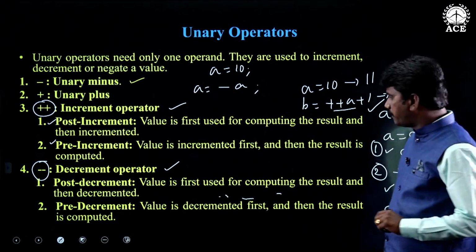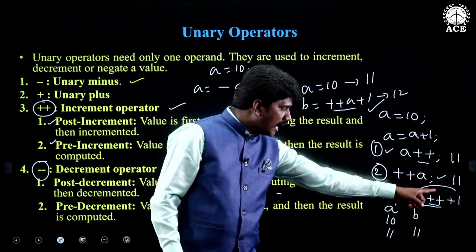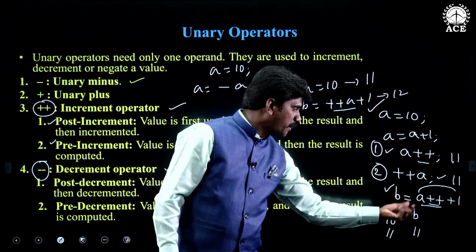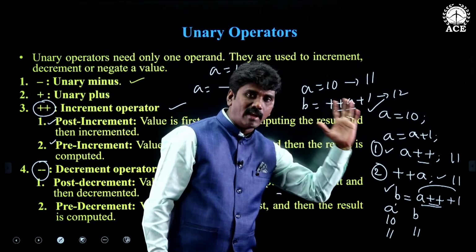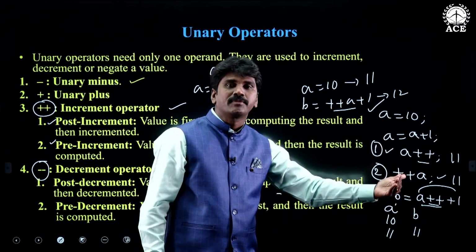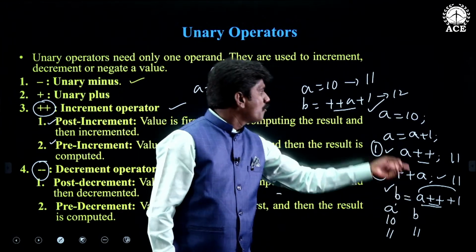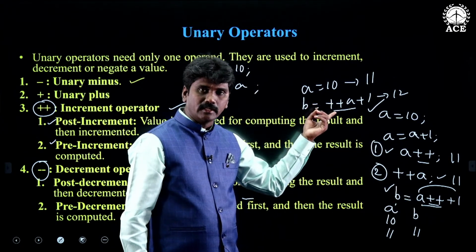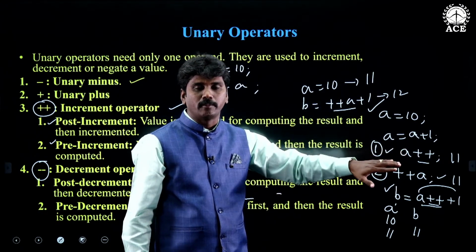For the same statement, what we have understood here is, if we use the increment along with some expression, then in the case of post increment, after evaluating the expression only, the increment is going to be done. Whereas in pre-increment, first the increment will be done, and then only the expression is going to be evaluated.